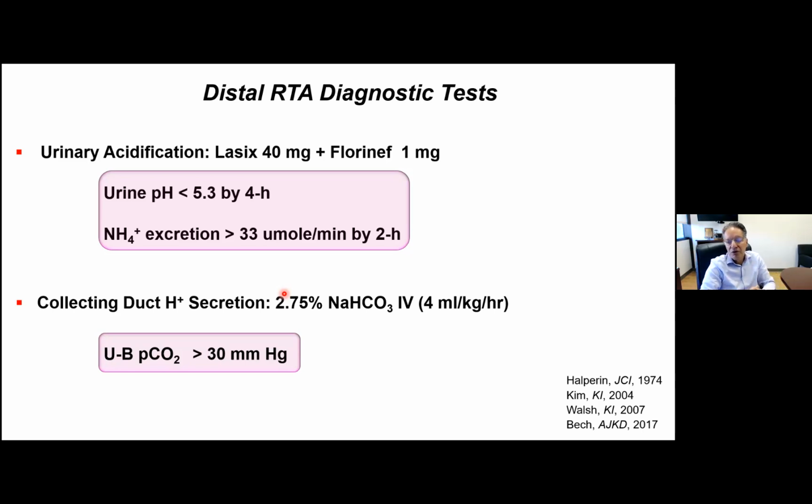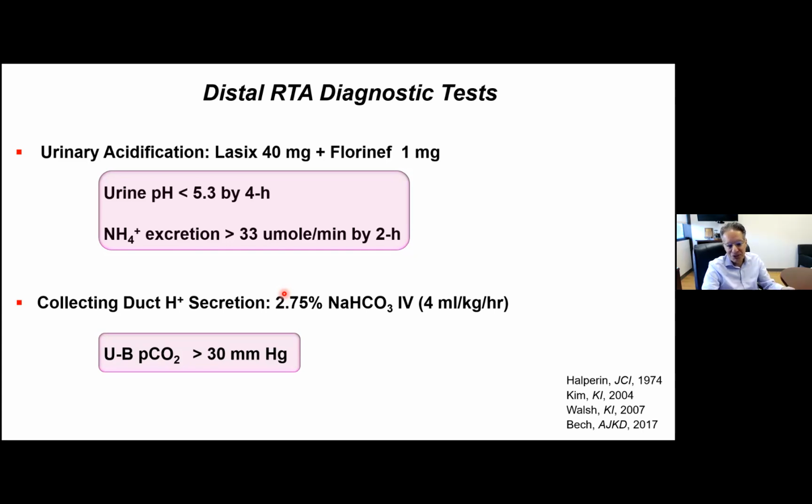Whereas someone with distal RTA, Halpern showed in 1974, a number of years ago, that the PCO2 in their urine hardly changes. And the thought is they have abnormal proton secretion, so they can't generate carbon dioxide.